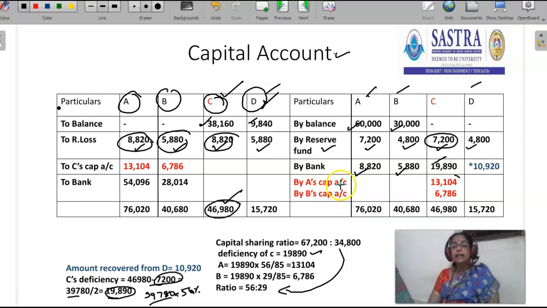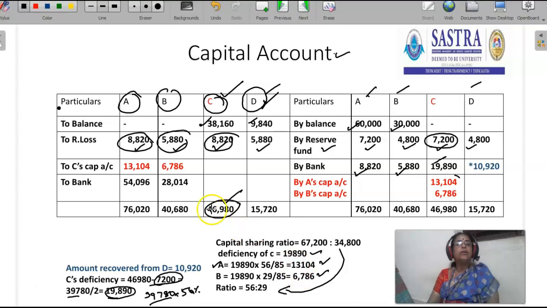Then they have to bear the deficiency of C. The deficiency of C is 19,890. So A has to bear 19,890 into 56 divided by 85, that is 13,104. B has to bear 19,890 into 29 by 85, that is 6,786.